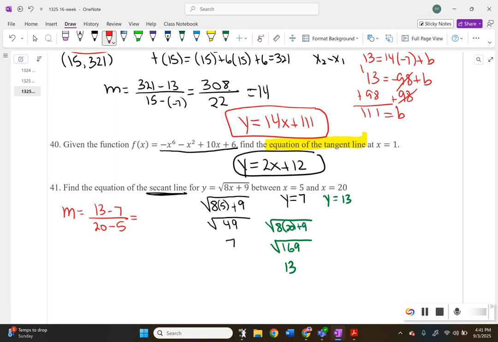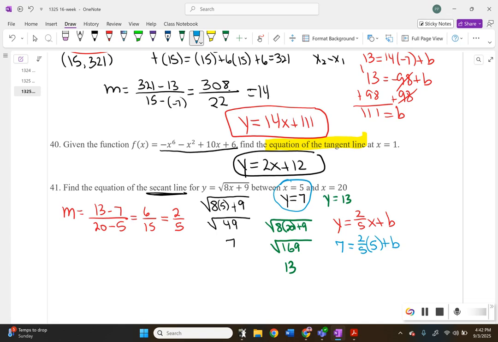So right now I have y equals 2/5 x plus b. To find my b value, I want to take either one of my points. I'm just going to take the smaller numbers, and I'm going to plug them in for x and y. So in for y, I'm going to plug in 7, and in for x, I'm going to plug in 5.